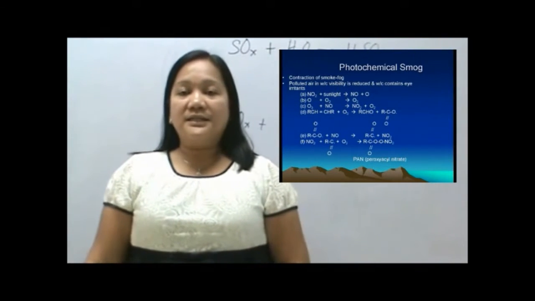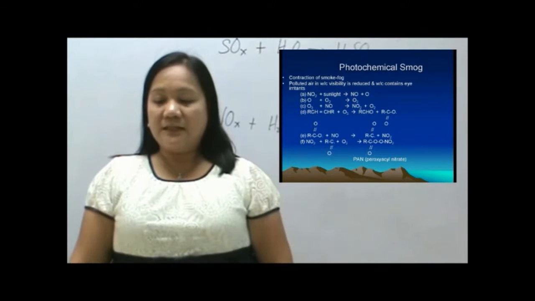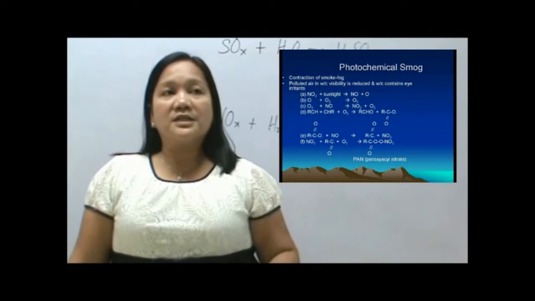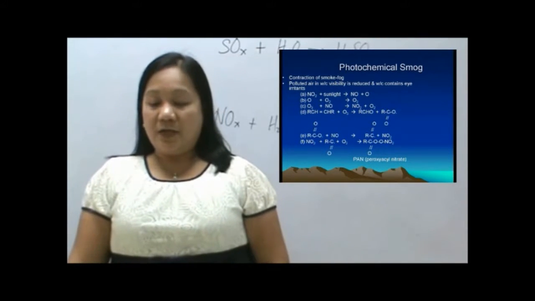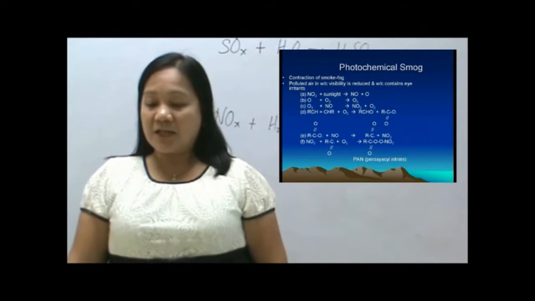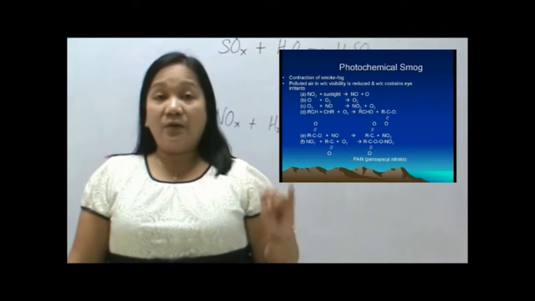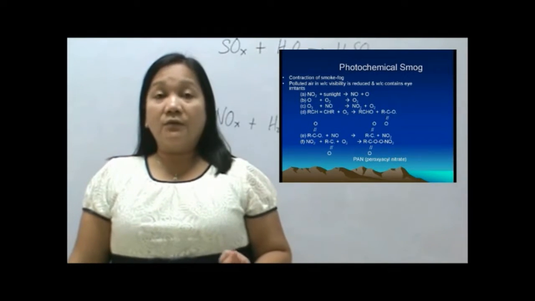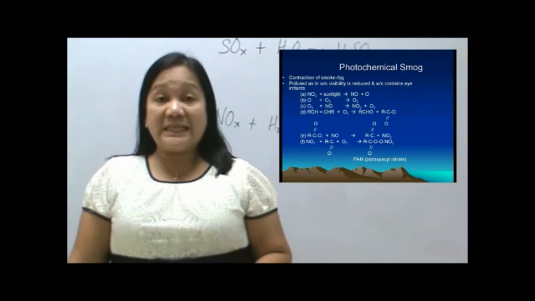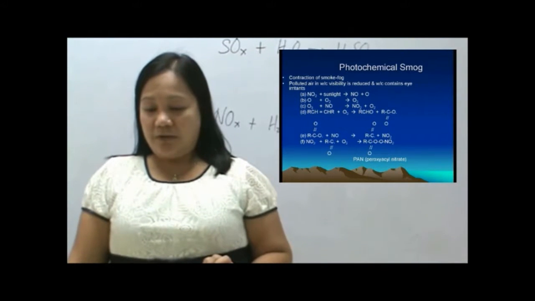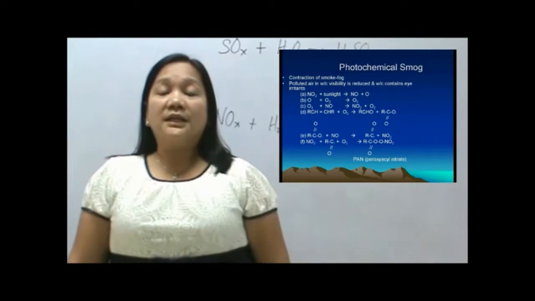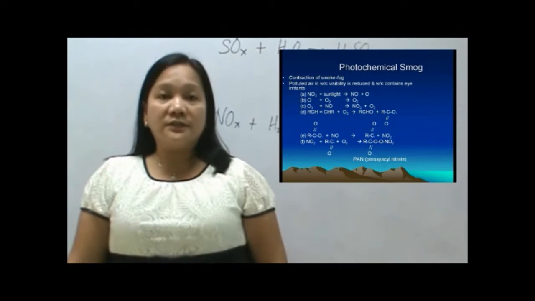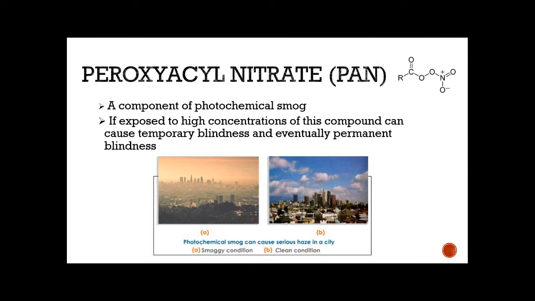The next slide that you see would be a detailed reaction of the formation of photochemical smog. After discussing some of the criteria pollutants, you would notice from this reaction that you have NOx, you also have O3, your ozone, you also have your VOC, then you also have your particulate matter that would add up in order to come up with an obnoxious and deleterious substance called peroxyacyl nitrate.